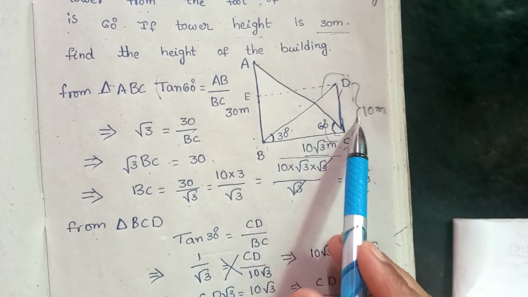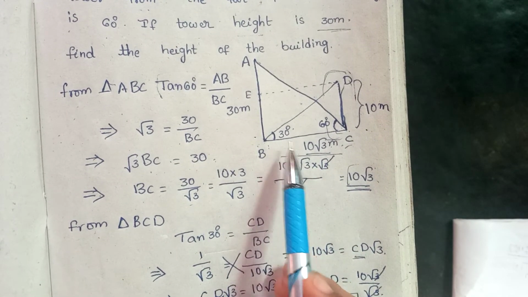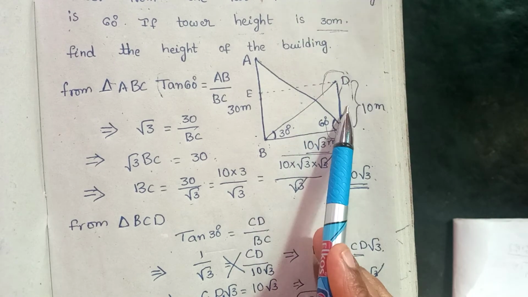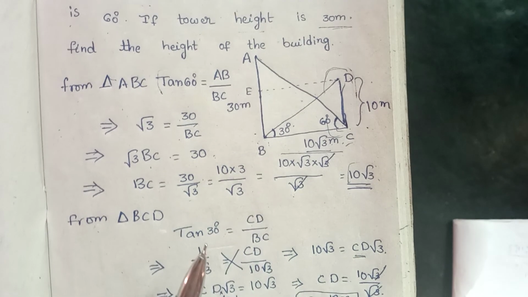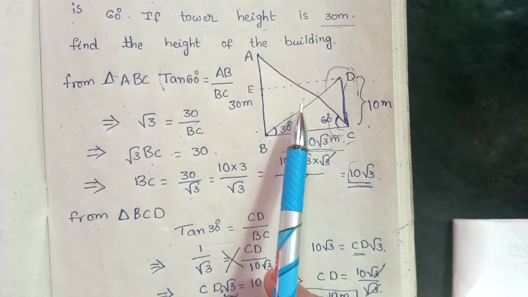Next take the another triangle BCD and take the tan angle here also, because we have to find out the opposite side. So here opposite side and adjacent side only, so we have to take the tan function. If we take a sine angle here, we can't find it.